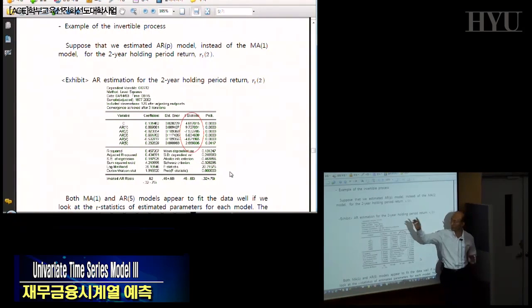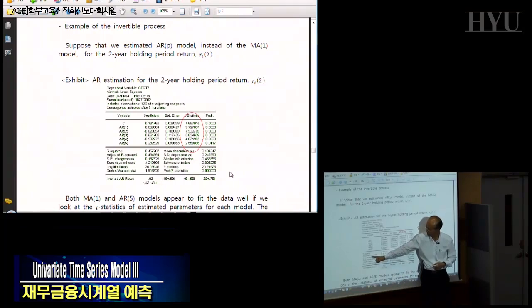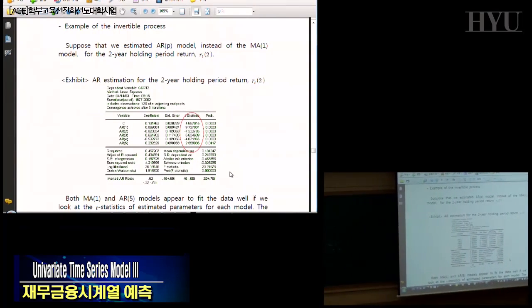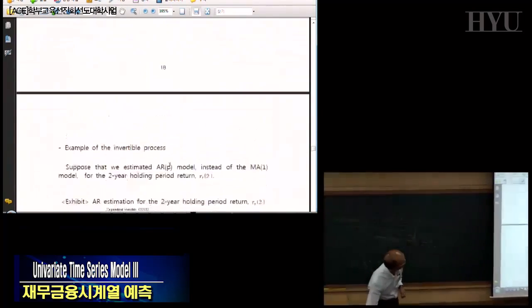Then, as I said, you check these t statistics and check the residuals, Q statistics, as well as adjusted R squared, 0.43. What's our adjusted R squared? 0.43 here.